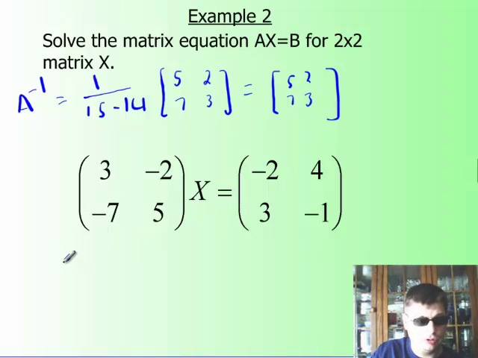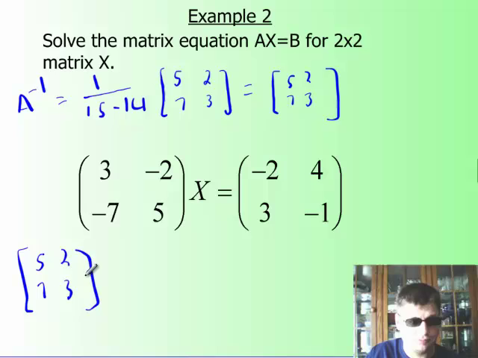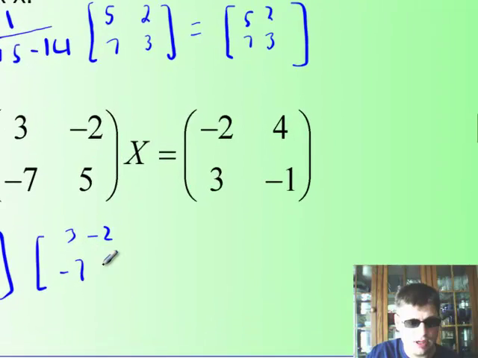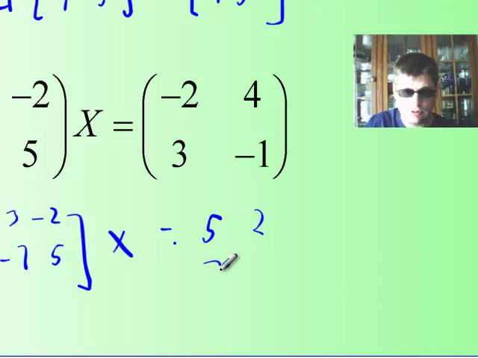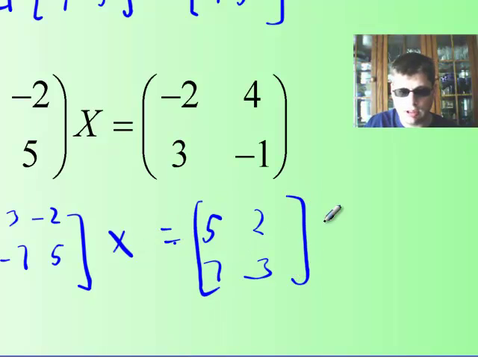So it would look like 5, 2, 7, 3 times 3, negative 2, negative 7, 5 times matrix X is equal to, okay, so the inverse first, 5, 2, 7, 3 times negative 2, 4, 3, and negative 1.